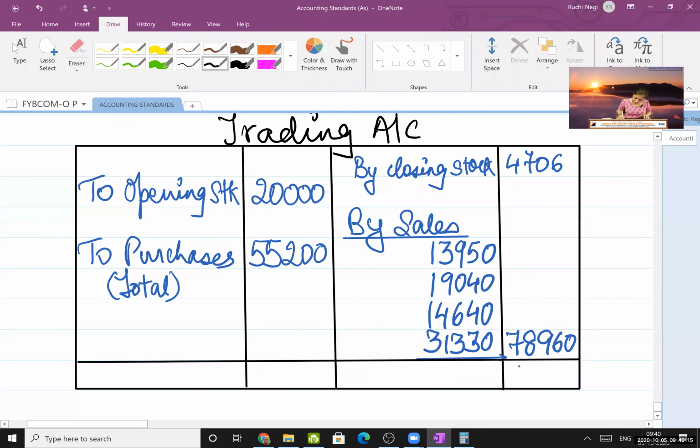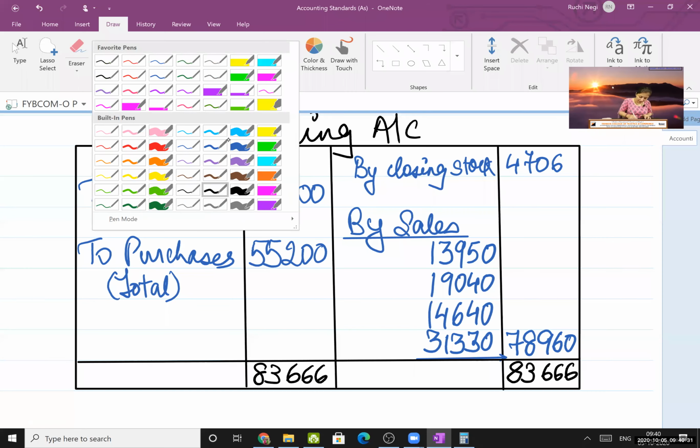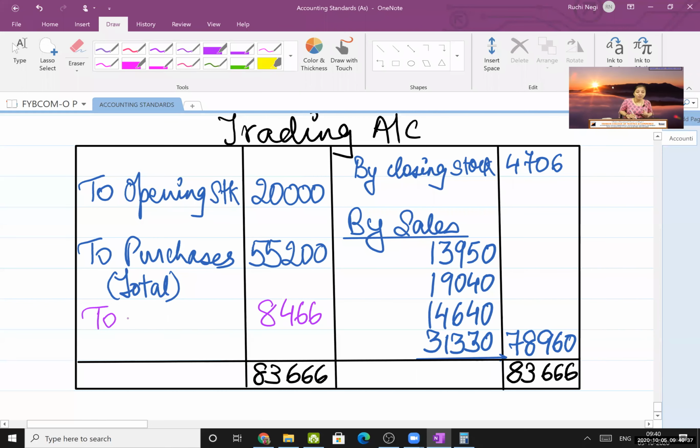So right here 83,666 minus 75,200. So 8466. So this is my final answer. 8466. This is my gross profit as per weighted average. Okay, gross profit.